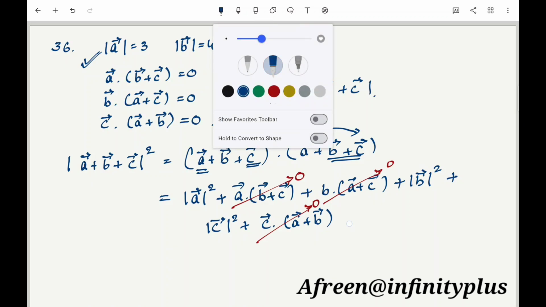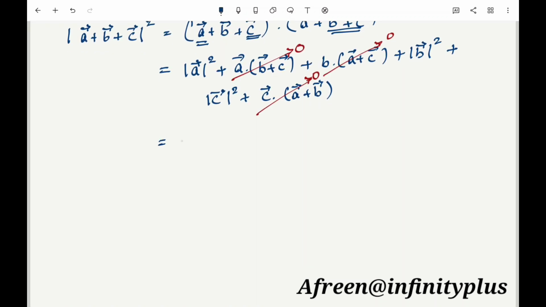Now the resultant what we are getting is magnitude of a square plus magnitude of b square plus magnitude of c square, which is equal to magnitude of a is 3 square plus 4 square plus 5 square.